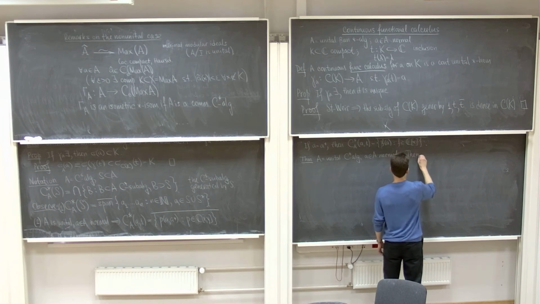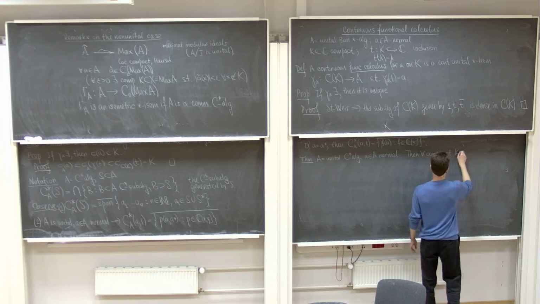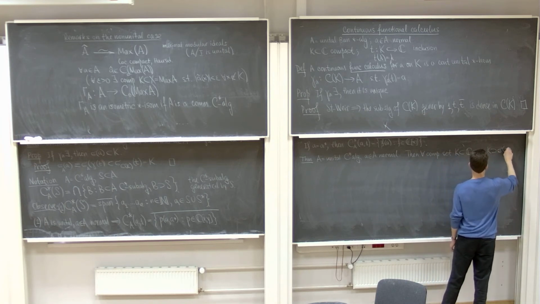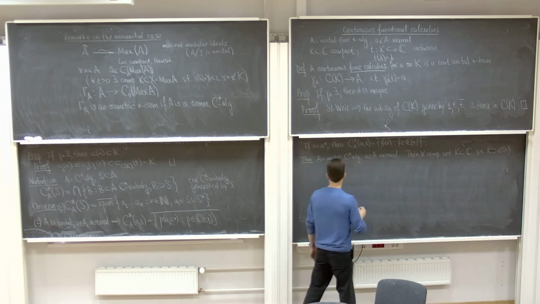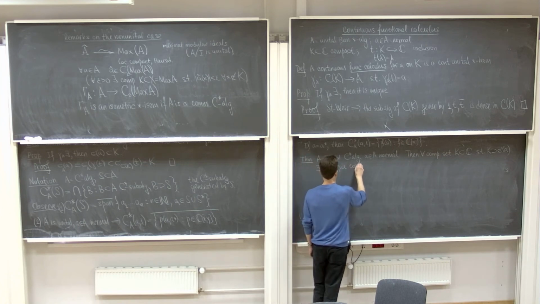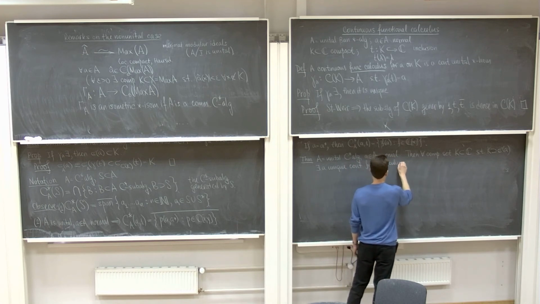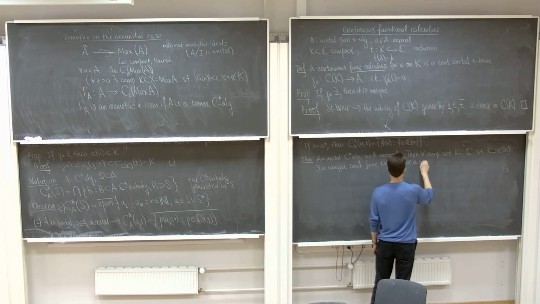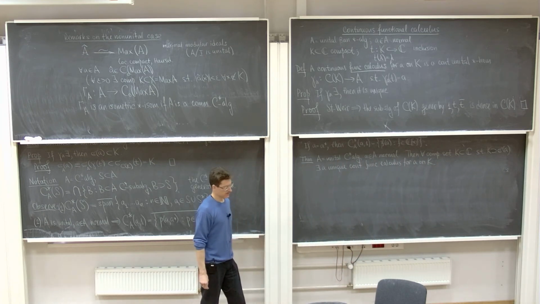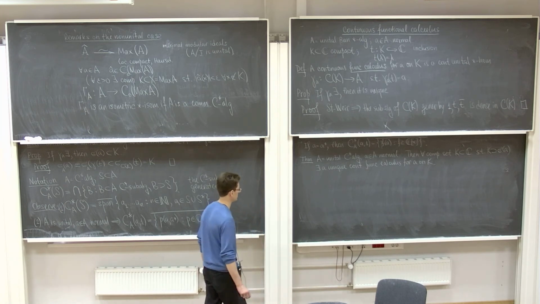Then, for each compact subset K of the complex plane such that K contains the spectrum, there exists a unique continuous functional calculus for a on K. So we already know that it is unique. Now let's show that it always exists.